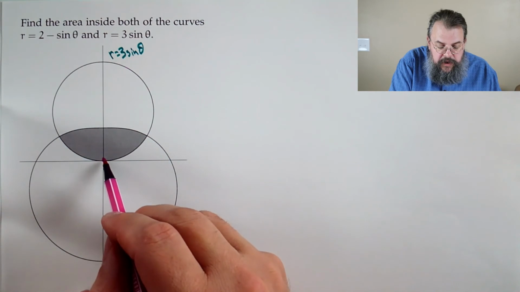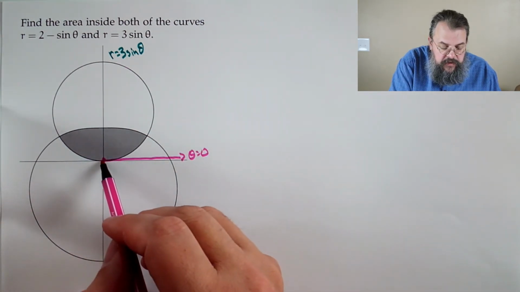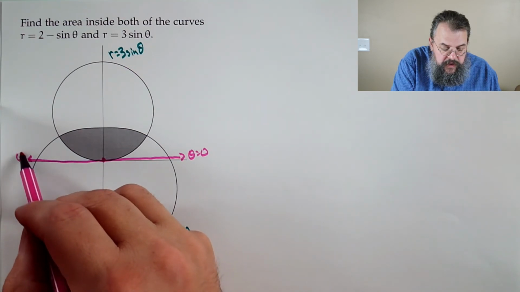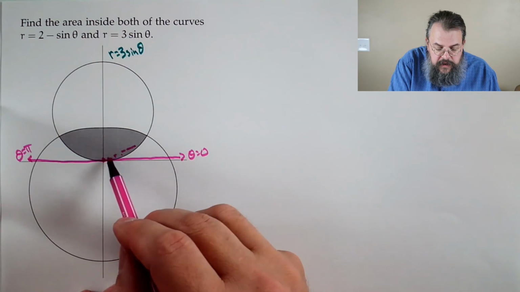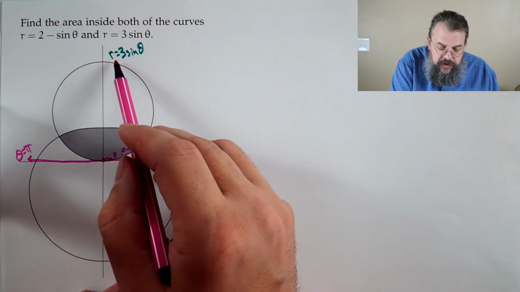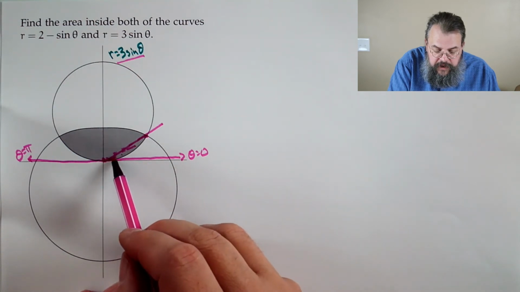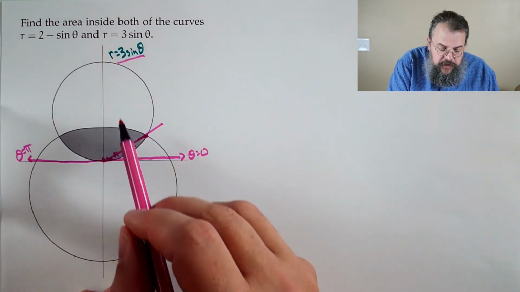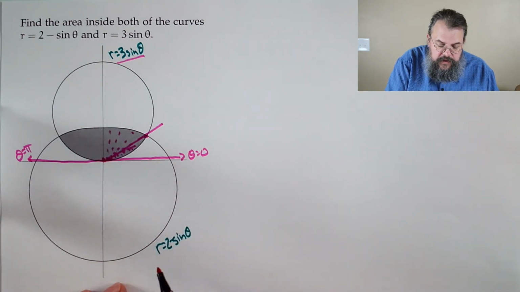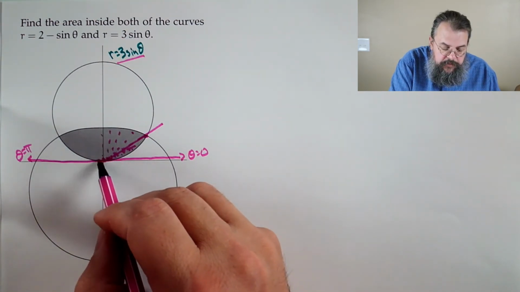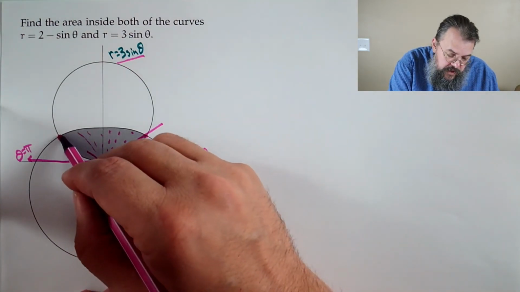So we're going to be going from this angle, theta equals 0, to this angle, theta equals pi. Initially we go out and we hit this curve. So for a small part, we go out and we hit the circle. Then we go out and we hit this other shape, r equals 2 minus sine theta, for a while until we hit this angle.